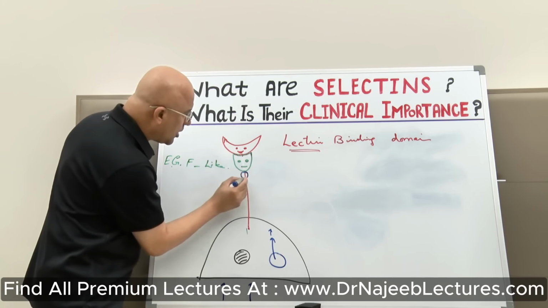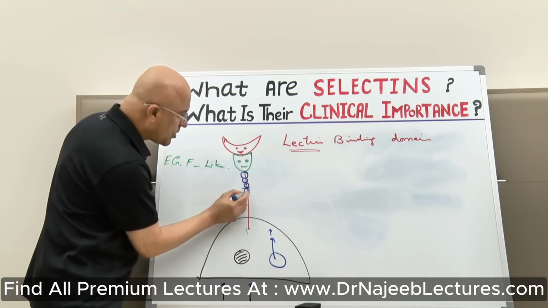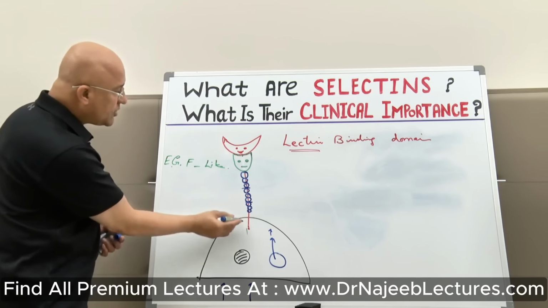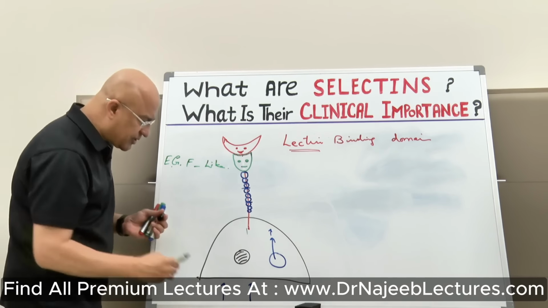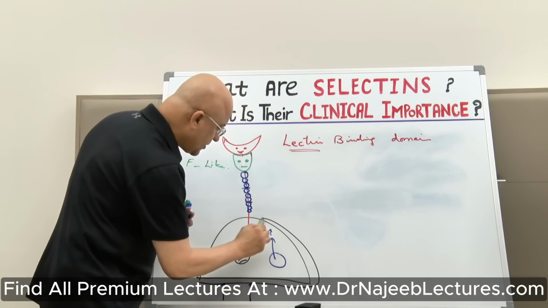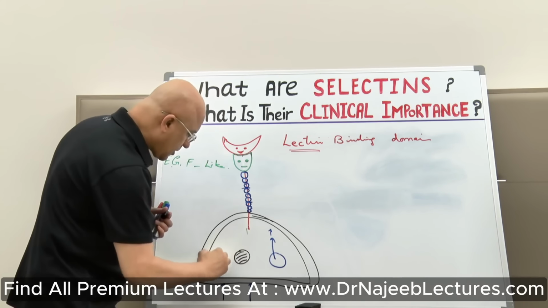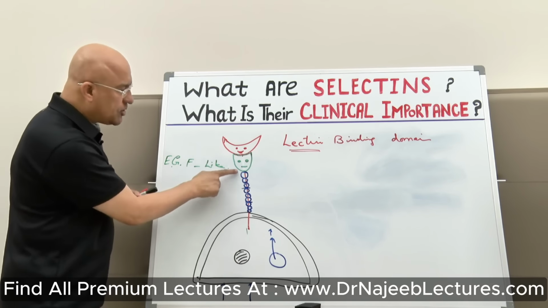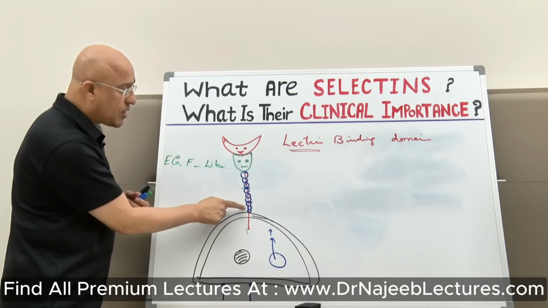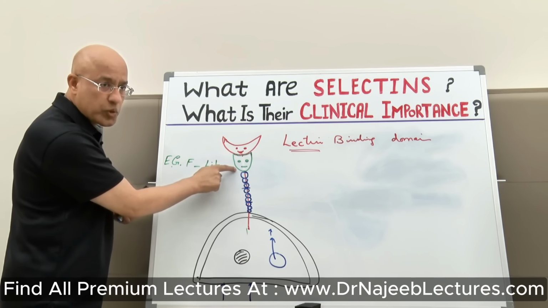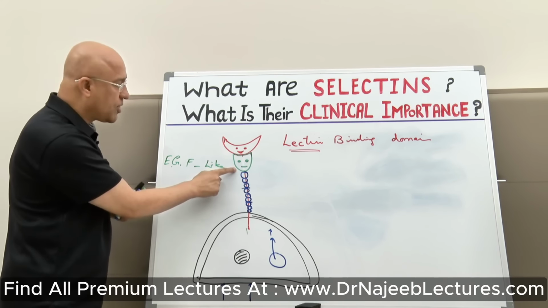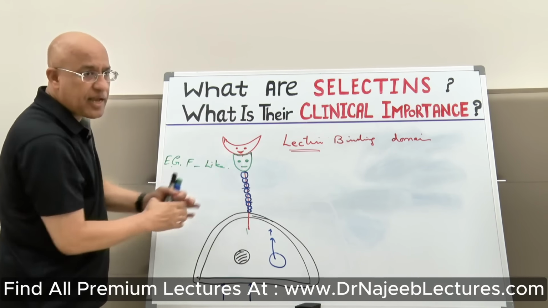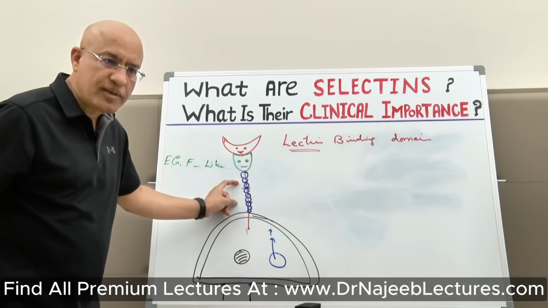Here I'm going to draw this short consensus sequence, and in case of p-selectin, this consists of nine components, 9 units. But in case of e-selectin, this becomes shorter and it becomes 6 units.